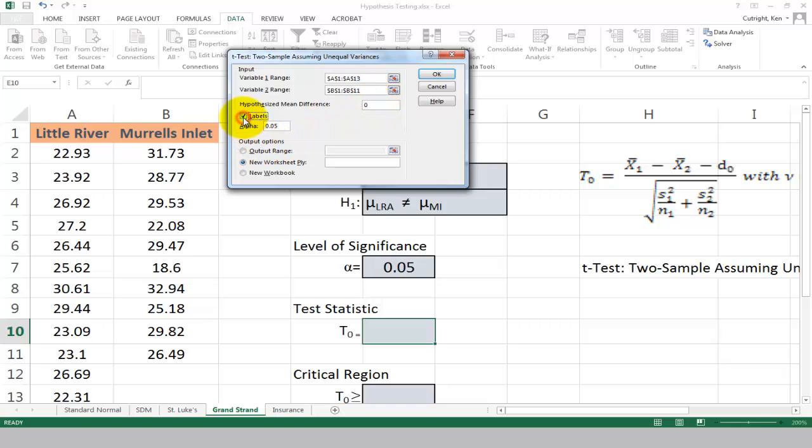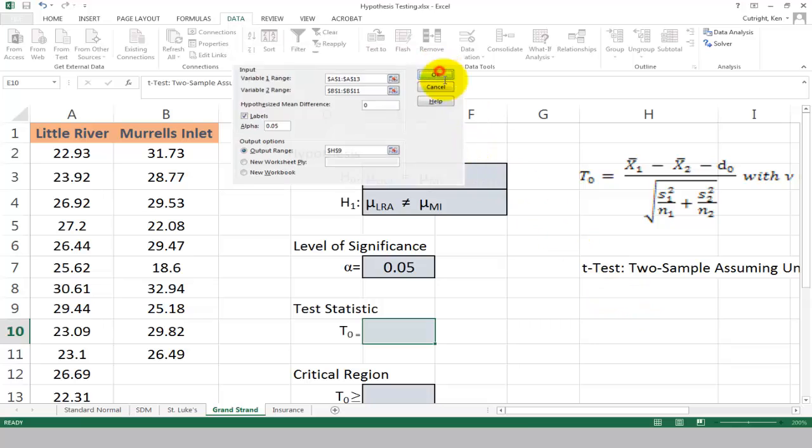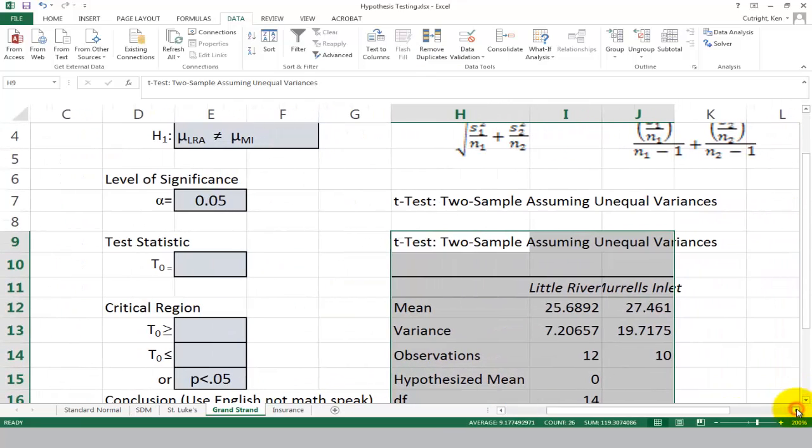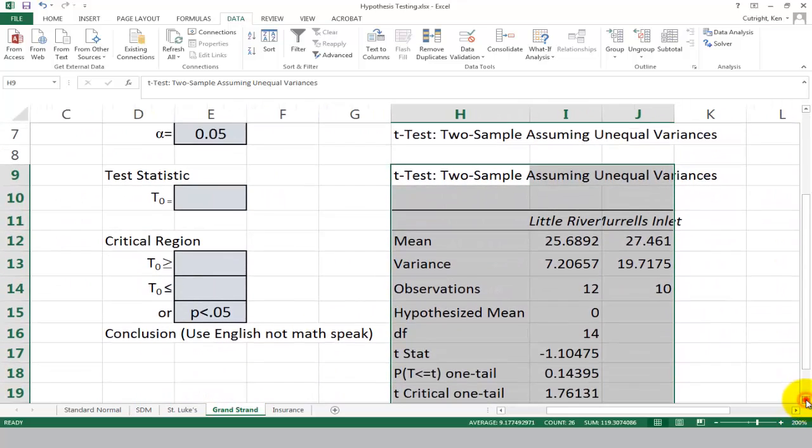We do have labels. The level of significance is 0.05. And again, when I click output, for some reason the cursor jumps up to the input, so I've got to bring it back down, and then I've got to select a place to put my data. I hit OK, and lo and behold, Excel's done all this work for me.